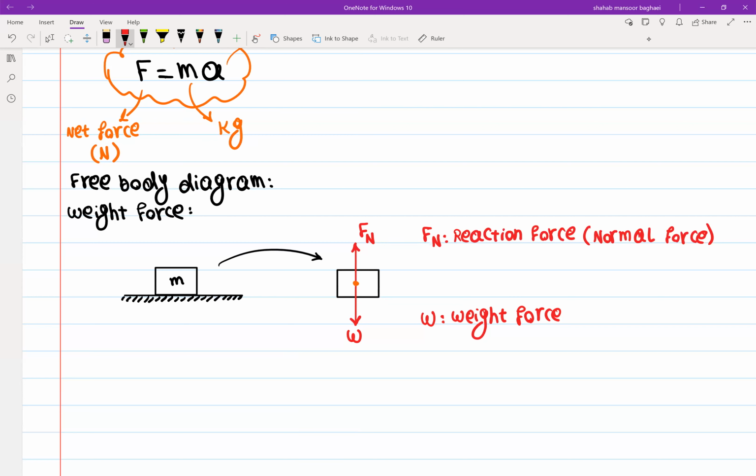The first one is W, or weight force, and the second one is Fn. And you know they will cancel each other. That's why your block is always here and you have equilibrium, because of Newton's first law, and net force is 0. I mean, W should be equal to Fn. And you don't have any motion. This is the free body diagram.